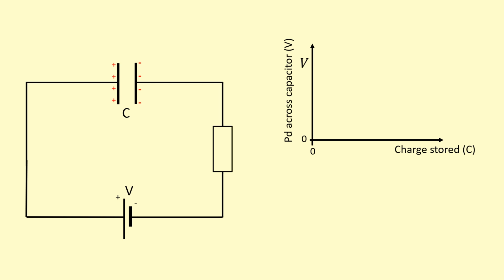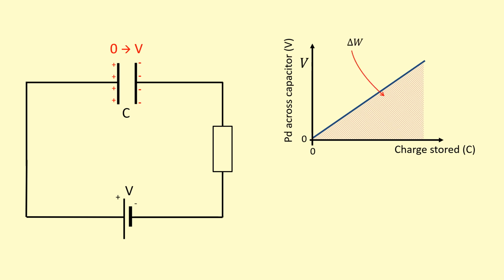However, that's not the energy stored on the capacitor. To understand what the energy stored on the capacitor is, you look at the potential difference against charge graph for the capacitor. The capacitor initially started with 0 volts and then increased up to the maximum voltage, and it stops charging when the voltage across it is the same as the potential difference of the cell. So the graph is a straight line increasing from 0 to the maximum V, and the area under this graph is the energy stored in the capacitor.